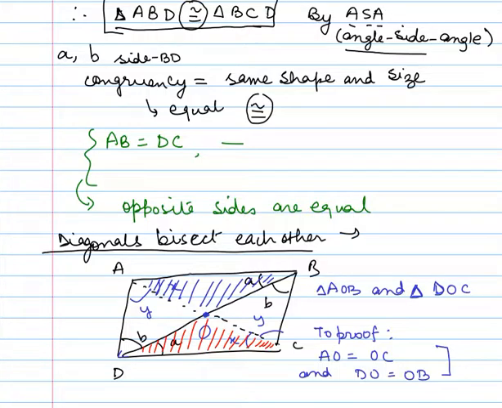Right? See, angle X are equal. This is angle X, this is also angle X. This is angle A, this is also angle A. That means two angles are equal in these two shaded triangles. Angle ABO is equal to angle ODC.